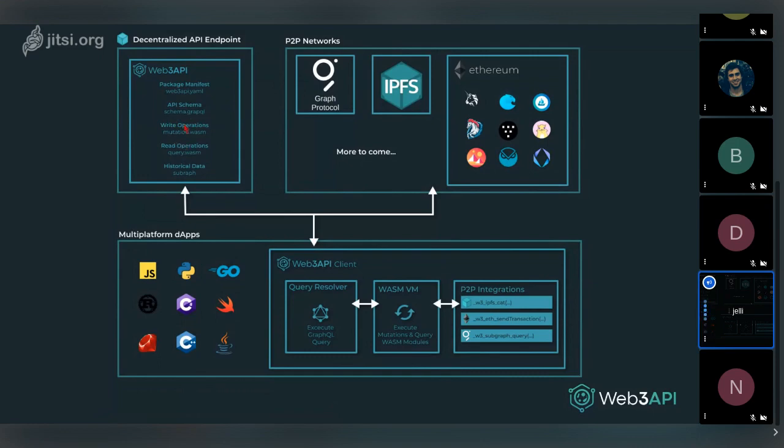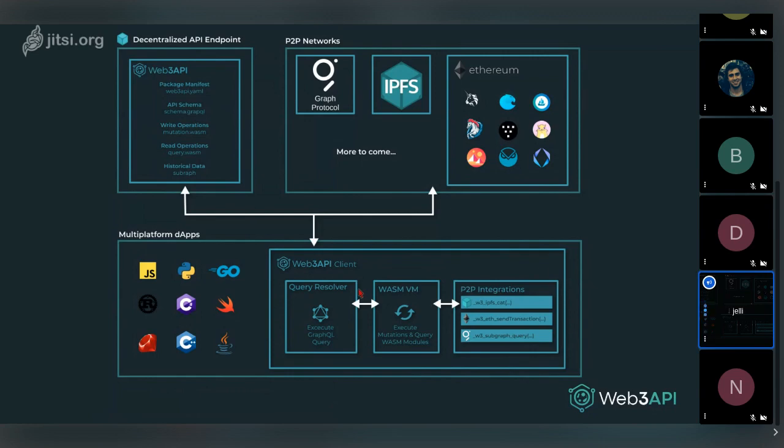Oh, you require IPFS, Ethereum, and Cosmos? Okay, this client doesn't have a Cosmos provider, so we can't actually execute this Web3 API. So we can query these modules, see what interfaces they require, and see if you have compatible interfaces within your client.